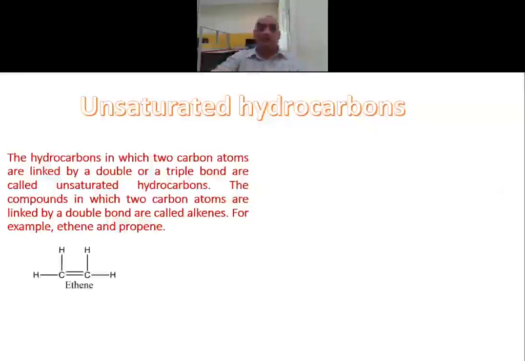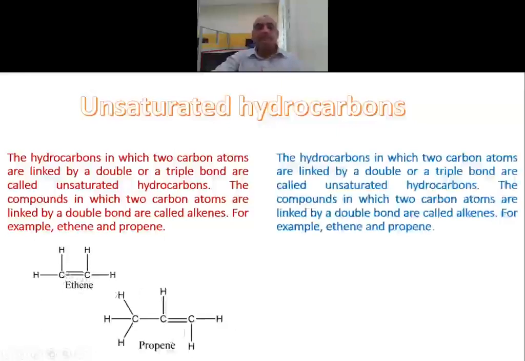For example, you can see here a double covalent bond between carbon atoms, and the number of carbon atoms is 2, so it is called ethene, propene. Here you will see examples of alkenes, and here examples of alkynes. Alkenes and alkynes both belong to unsaturated hydrocarbons. Here a double covalent bond, and here a triple covalent bond.